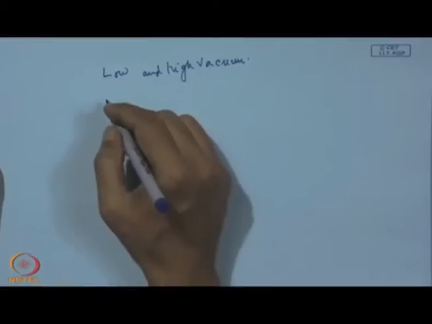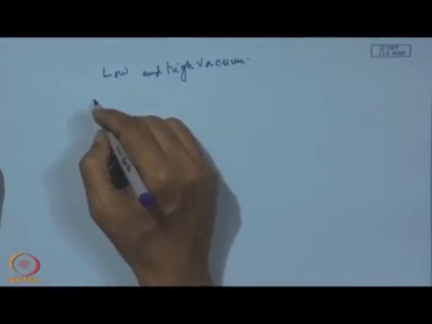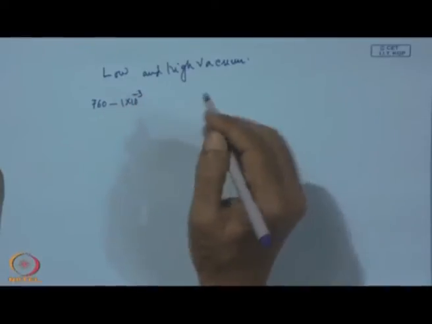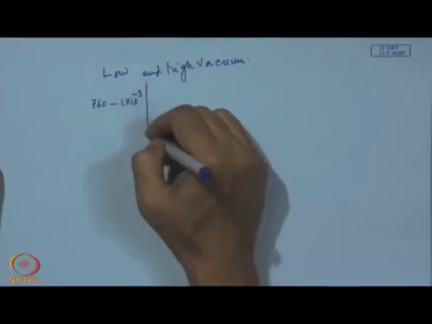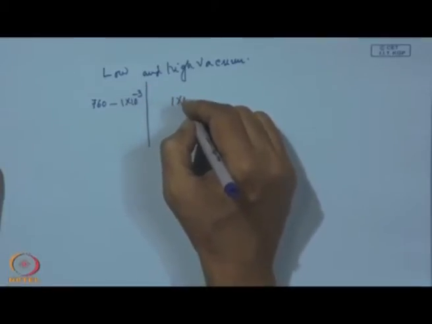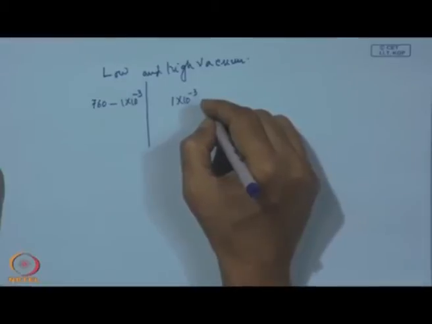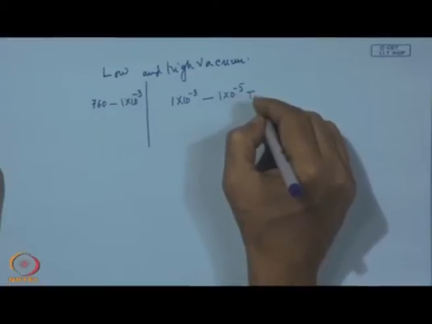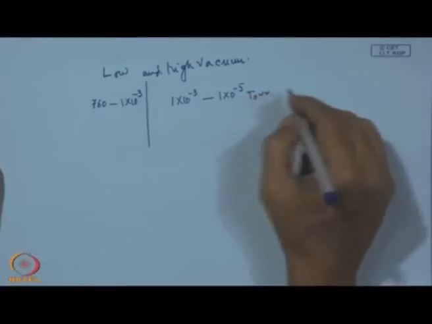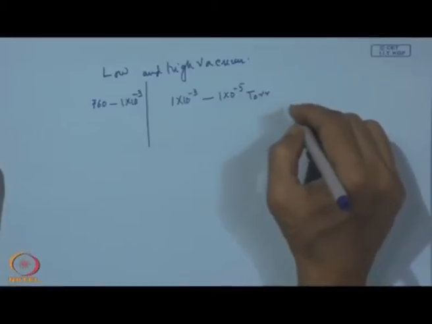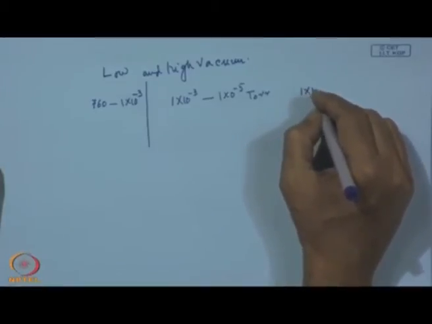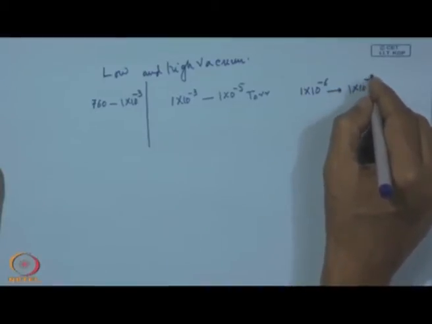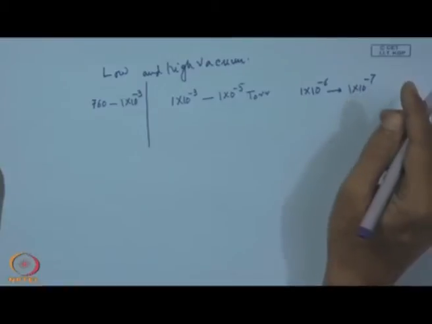Low vacuum means maybe from 760 to 1 into 10 to the power minus 3, and this is one range. We can also have from 1 into 10 to the power minus 3 to 1 into 10 to the power minus 5 torr, and something even better than 1 into 10 to the power minus 5, that means it can be 10 to the power minus 6, or 1 into 10 to the power minus 7, minus 8 or minus 9.